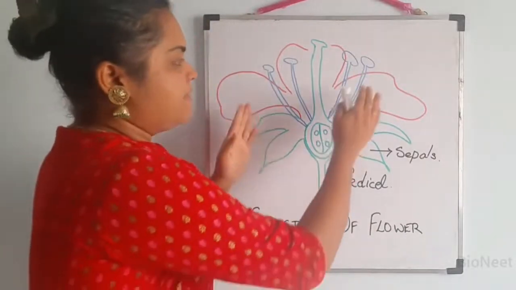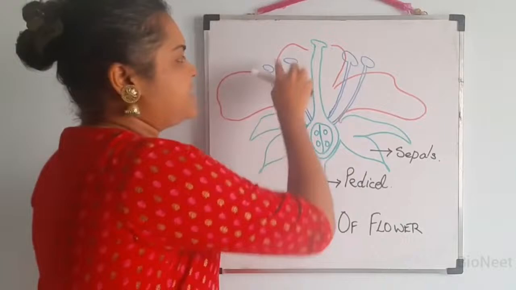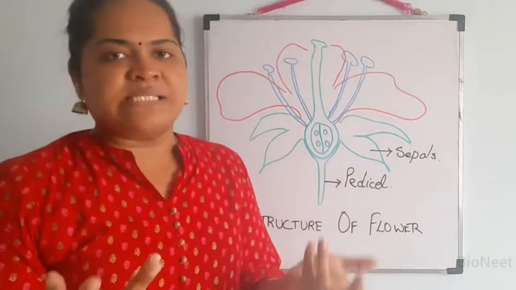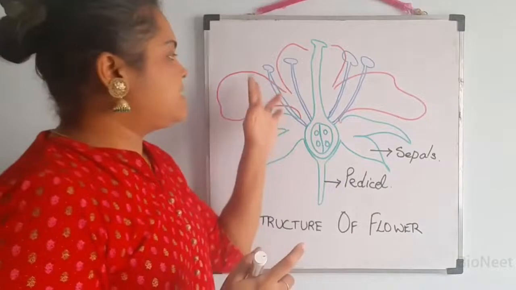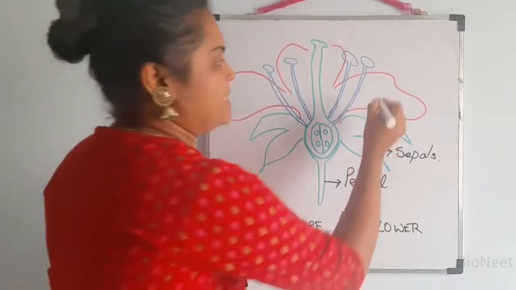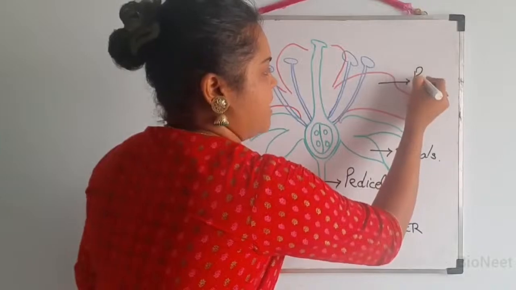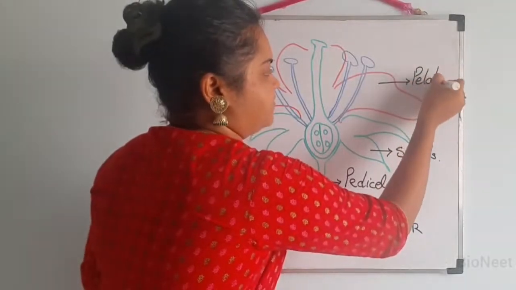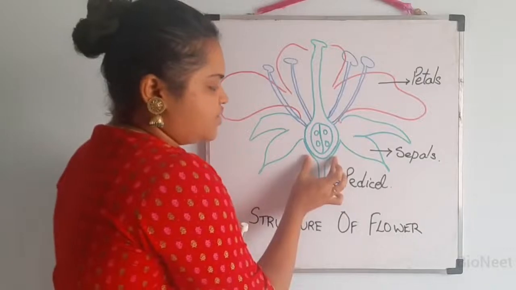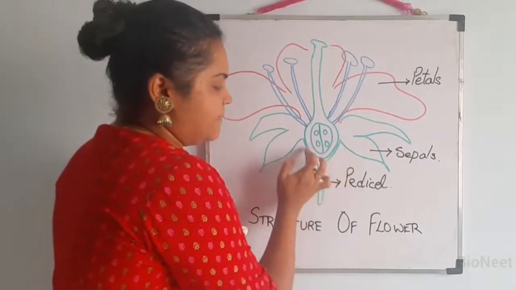Just above the sepals you can see different colors in various flowers. Each flower has different colors. This colored part of the flower is called the petals. Now, can you see the structure where it is slightly bulged?